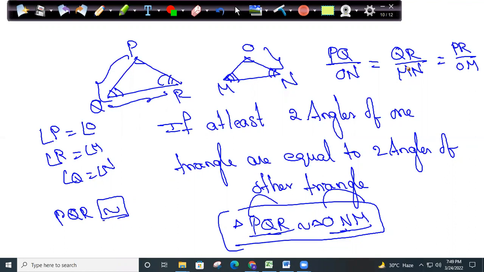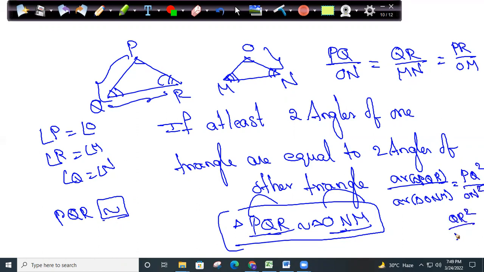And we can also prove that the ratio of area of triangle PQR upon area of triangle ONM is equal to the squares of their corresponding sides: PQ square by ON square, or QR square by MN square, or PR square by OM square.